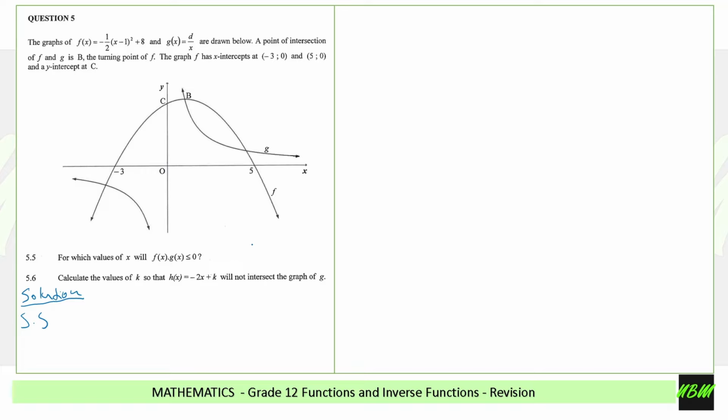Meaning we want where the product of f and g is negative or is equal to 0. So when can that happen? That can happen when f is positive and g is negative. Or it can happen where f is negative and g is positive.